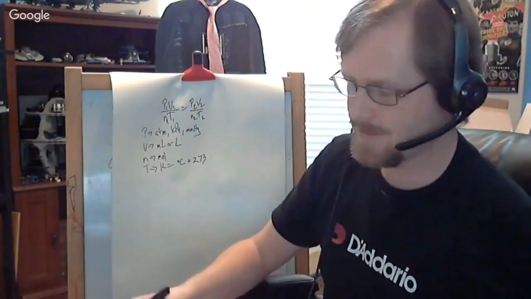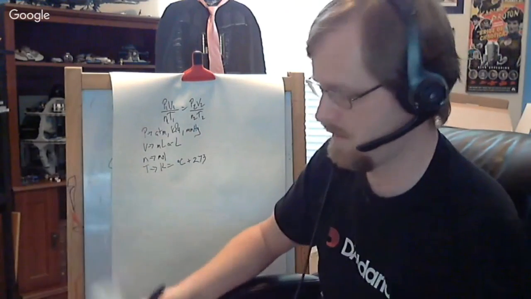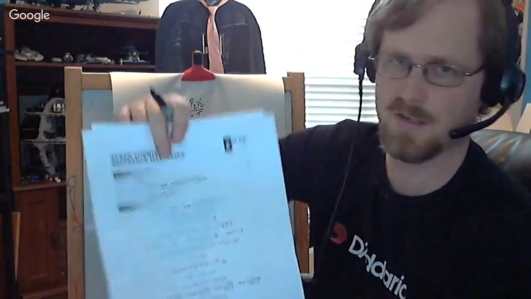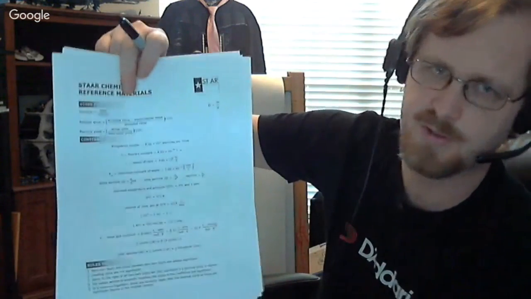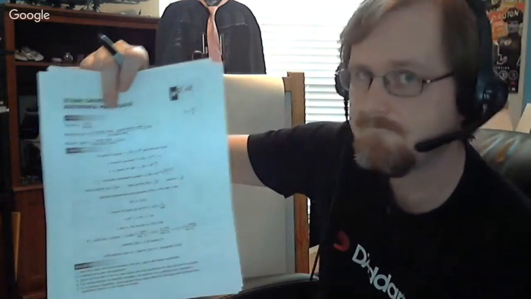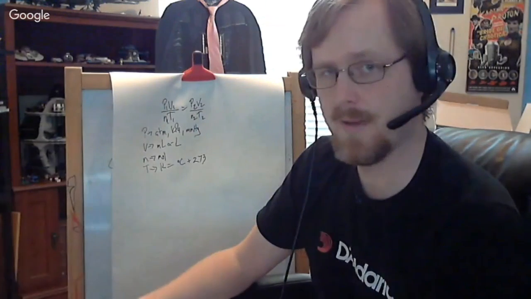And if for whatever reason your mind goes blank and you don't remember that in the middle of the exam, well, guess what? Check it out right here. 0 degrees Celsius equals 273 Kelvin. There you go. So that's how you remember what to do with that.